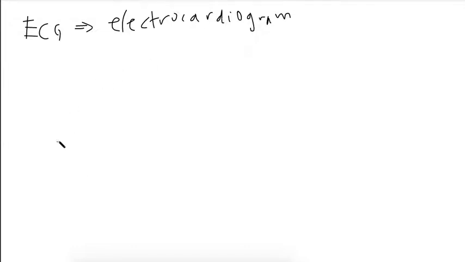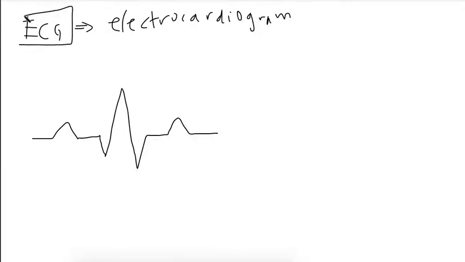I'll just draw a sample electrocardiogram. There's something like this, and then you have this sort of thing, and then you have another bump typically here. So this is known as an electrocardiogram.